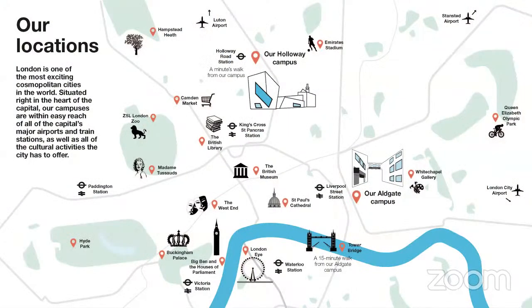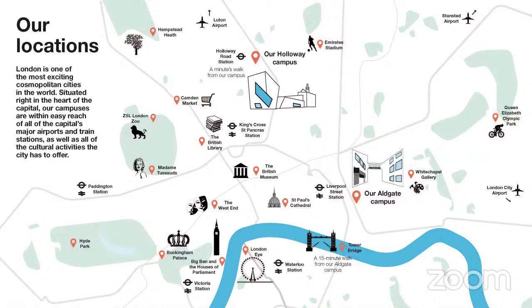Here's a picture quickly to show how close the campuses are to different things. As you can see, our Holloway campus is really close to Emirates Stadium, and if you are an Arsenal fan, you can get to the Emirates Stadium within a 5-minute walk.